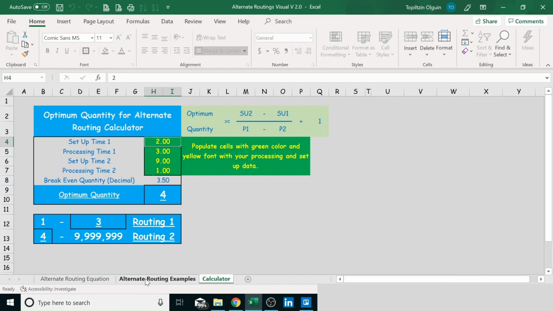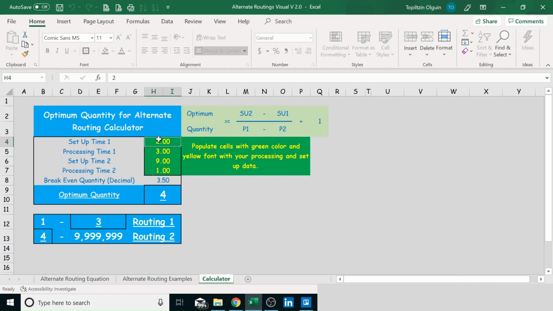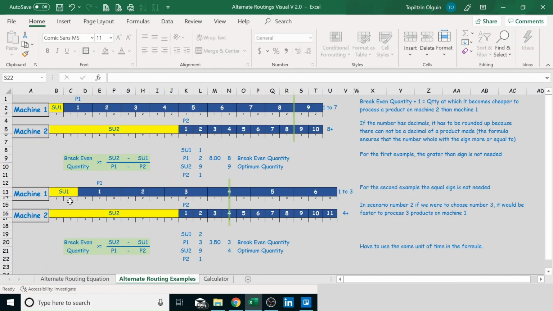So let's substitute. Let's say 1 minute setup time, 2 minutes processing time, and 9 minutes and 1. 1, 2, 9, 1. And we end up, as we said before, from 1 to 8 routing 1, from 9 to infinity routing 2.